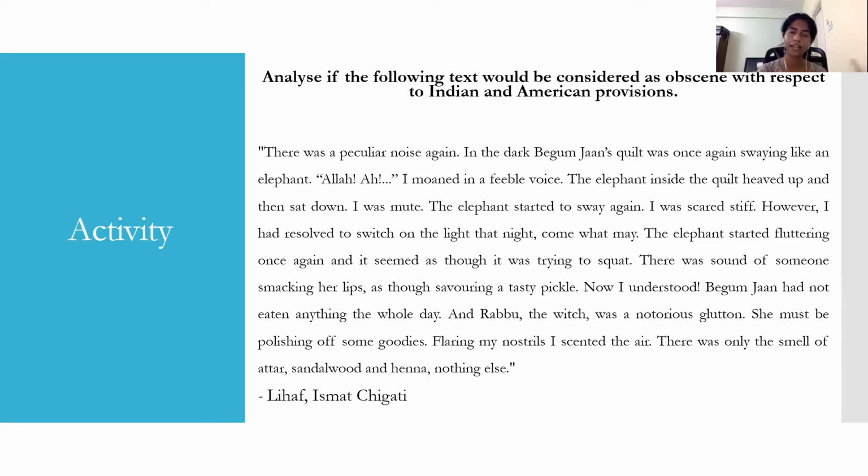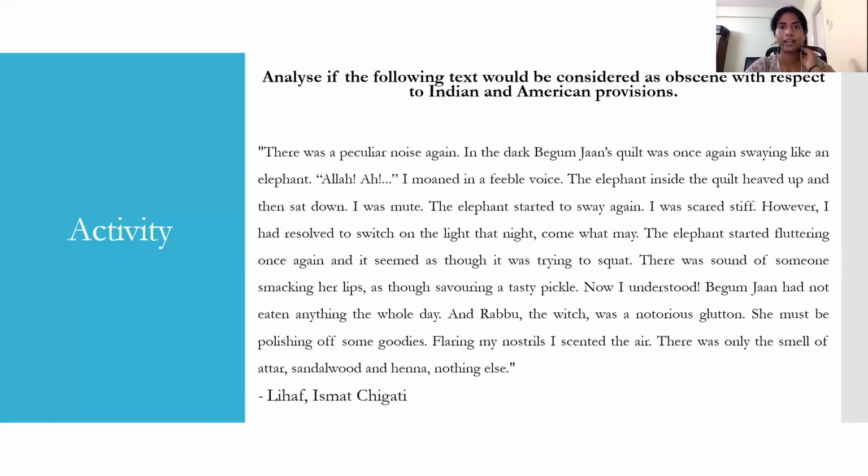What we would like you to do is, after we saw the two case laws, apply them, as well as the provisions and laws that America and India use for obscenity and freedom of speech and expression, and see if this particular short story would be considered obscene. You can take maybe 2 minutes to read the paragraph, and then we'll wait for any questions.